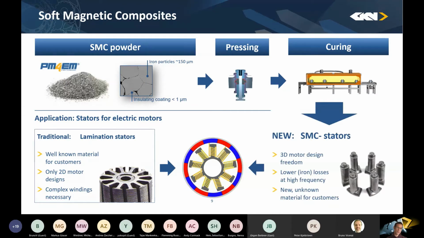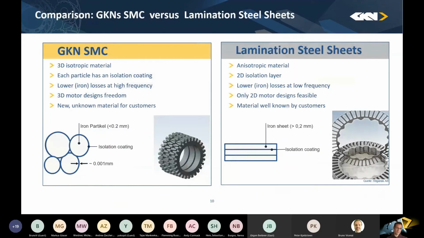With our powder metallurgy design freedom, we can build much more complex parts, having three-dimensional magnetic freedom, having three-dimensional design freedom for the parts. So most of the motors utilizing SMC look very different from conventional ones. And that's the key aspect for SMC.